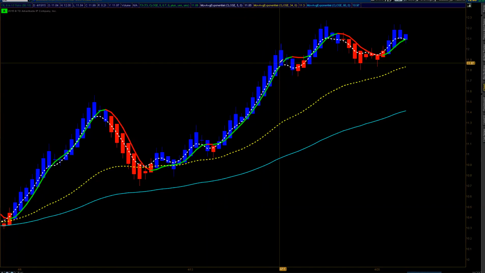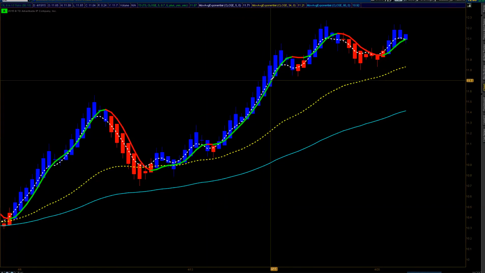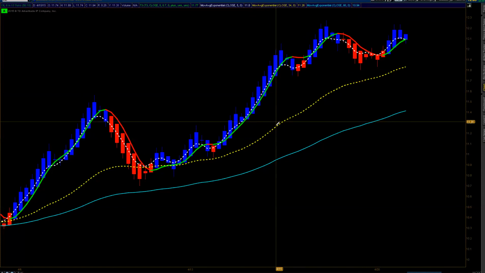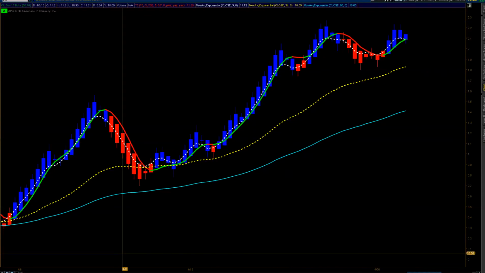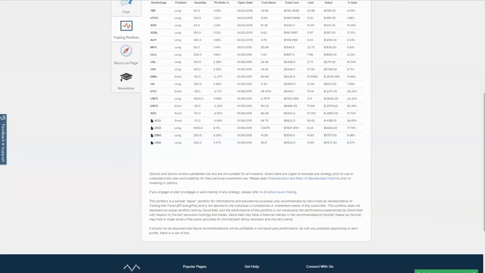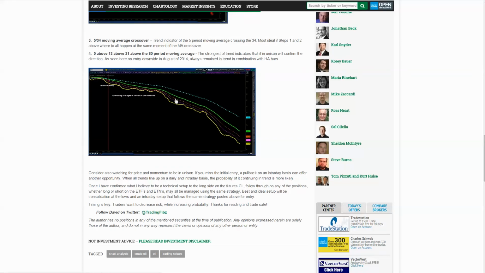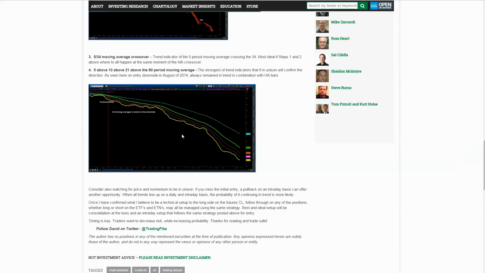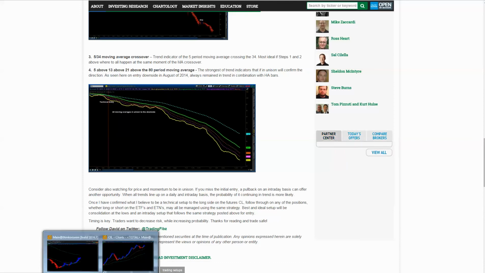A 5 above the T3, above the 34, and above the 80, like we had done right back here in the original article, looking at the moving averages when we're looking for something a little bit stronger. 5 above 13, above 21, and above, in this case we want it in the other direction, but as you can see here on the moving averages, they're all in sync, and that would be the strongest move possible, as we could see here in the oil.